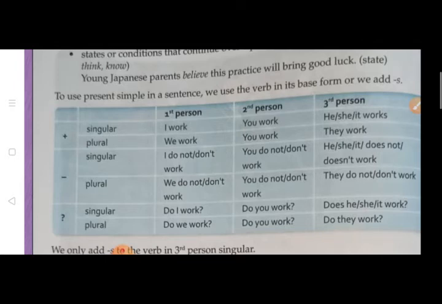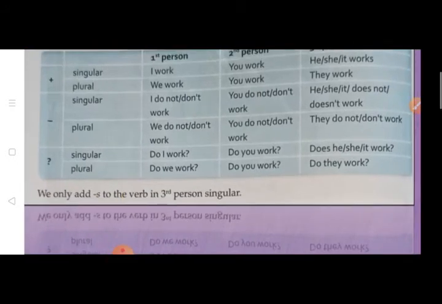So students, I hope you are clear with the usage of the verbs and how they go along in the present tense with the first person, second person and third person singular and plural. Remember that we add s to the verb in third person singular, s or es or ies. According to the verb pattern, we make the change, that is conjugation, in the word while we are using it in the present tense.